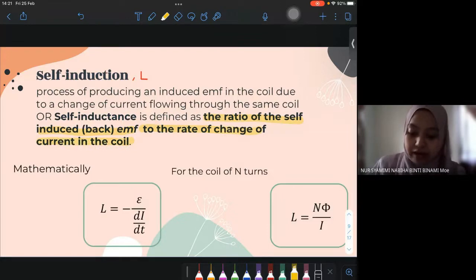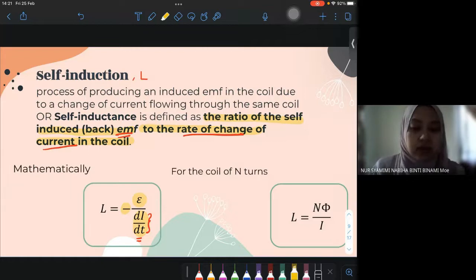So dia ialah E induced over dI over dt. Kenapa dI over dt? Sebab kita rate of change of current, so rate of change mestilah over time. Dia ialah EMF divided by dI over dt, dan dia ada negative sign dekat sini.